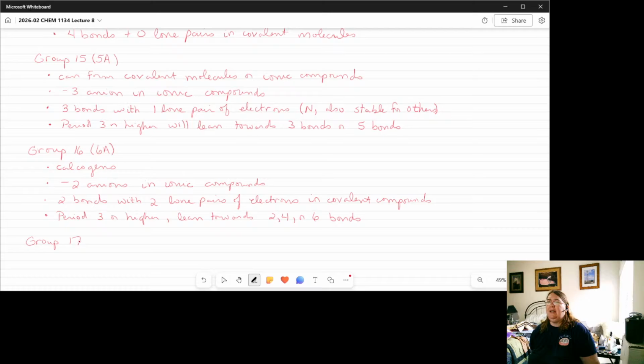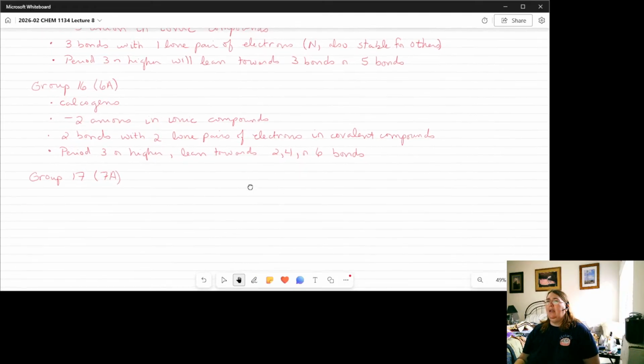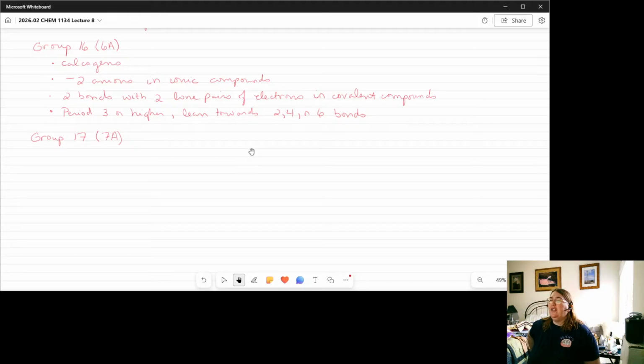Group 17, or 7A, are the halogens. And like I said before, hydrogen can react like a halogen, so some periodic tables will put it both in group 1 and in group 17.